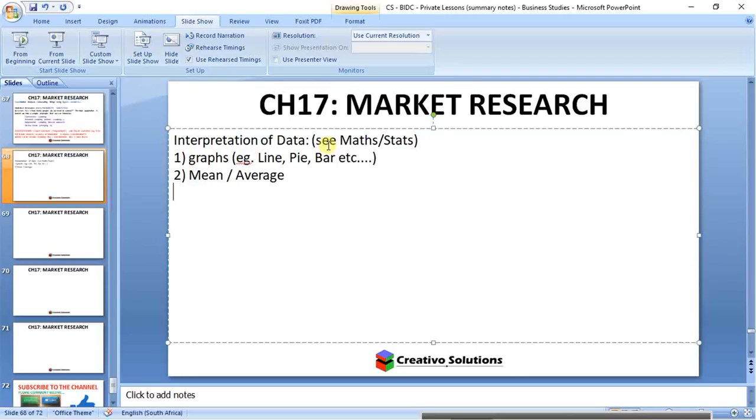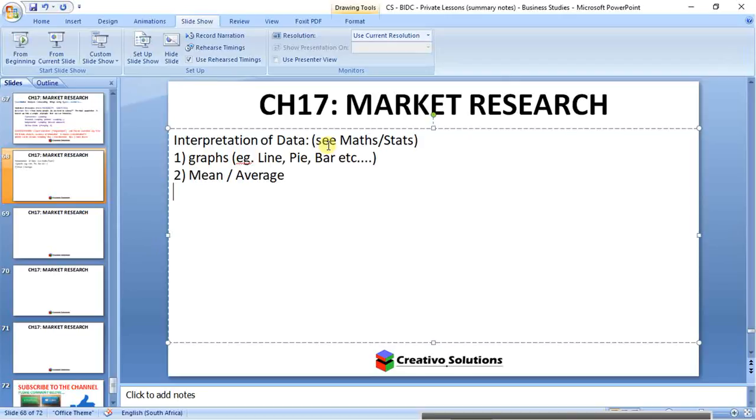You add up all the observations, and you divide it by the number of observations. You don't have to cover geometric mean. In the textbook, they only mention arithmetic mean. So arithmetic mean is what you just said: take the total, divide it by the number of observations.